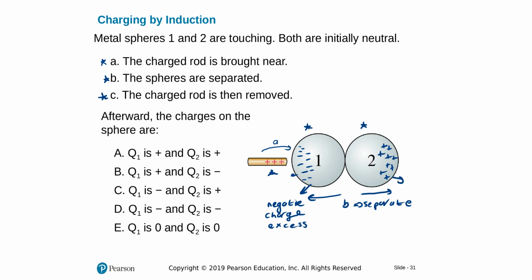And this one will be positively charged, with a positive excess. Now, although I remove my rod, nothing will change. Move the rod away, because these are separated and the charge will stay. Now sphere 1 will have negative charge and sphere 2 will have positive charge.